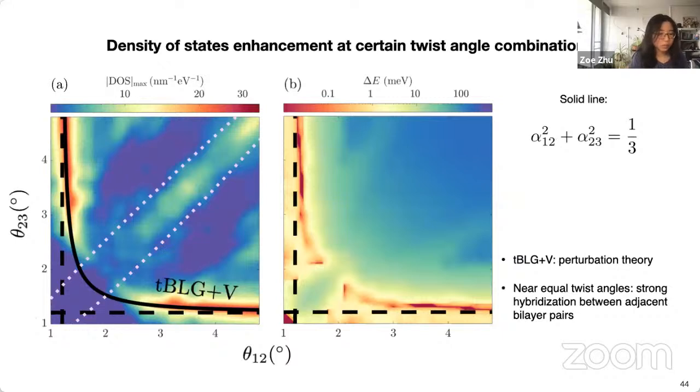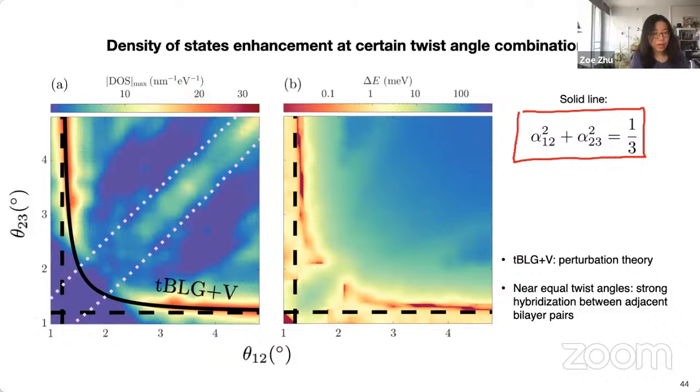So here in this figure, the solid line is plotting this magic angle condition, and it matches very well with our density of states enhancement, except for near the diagonal regions, where the twist angles are nearly equal to each other. We also notice that there are density of states enhancements in this region compared to all the neighboring regions.